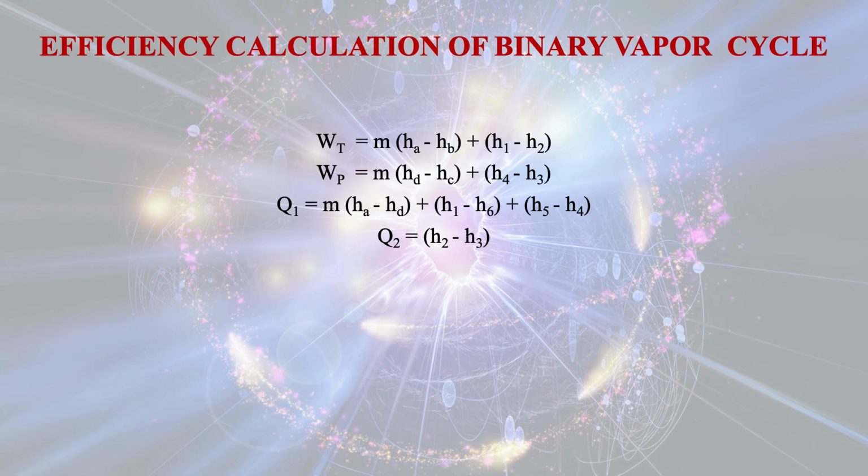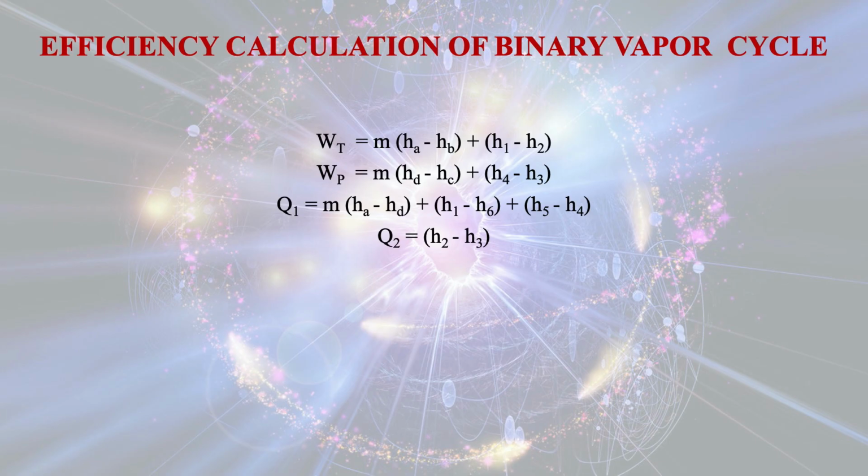For calculating efficiency, you know very well that efficiency is defined as output by input. What is the output? Output is the net work done by the turbine and the pump. So WT is the work done by the turbine, that is equal to M within bracket HA minus HB plus H1 minus H2.